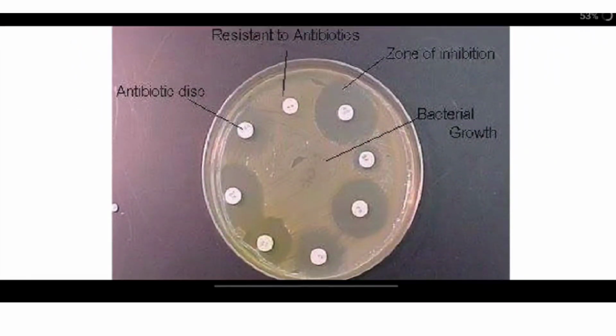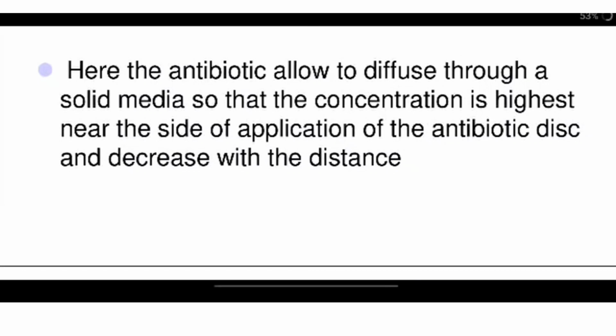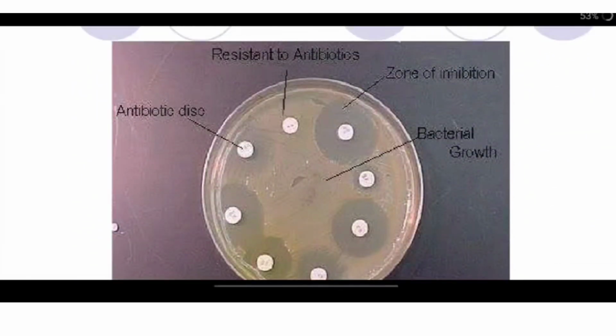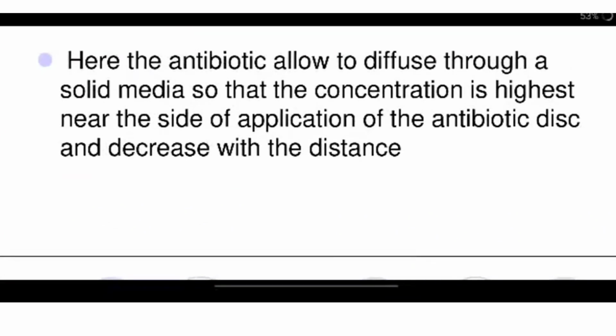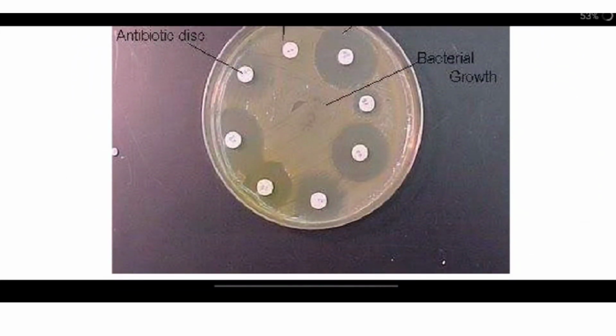That is why it is called the disc diffusion method. The nearer to the antibiotic disc, the higher the concentration of the antibiotic, and the farther away, the less the antibiotic.